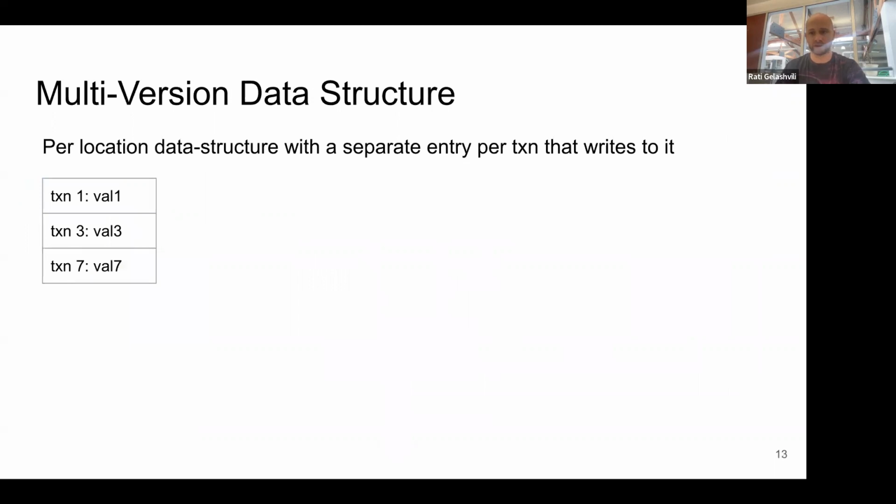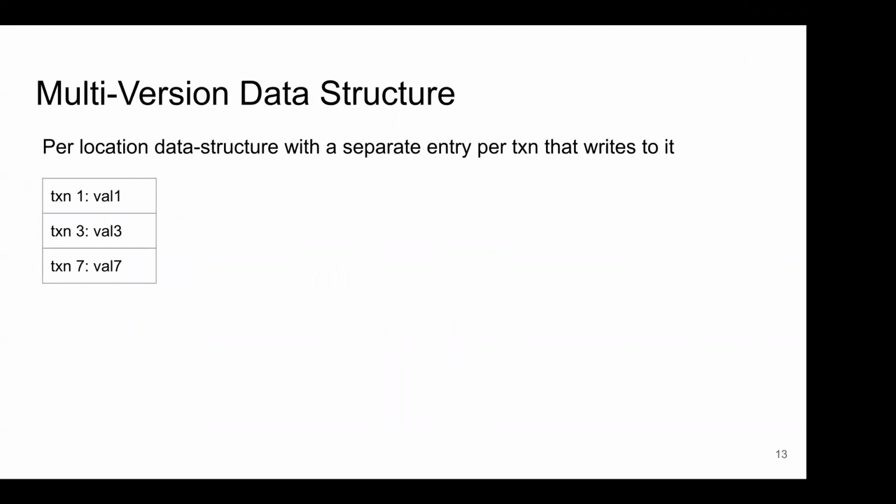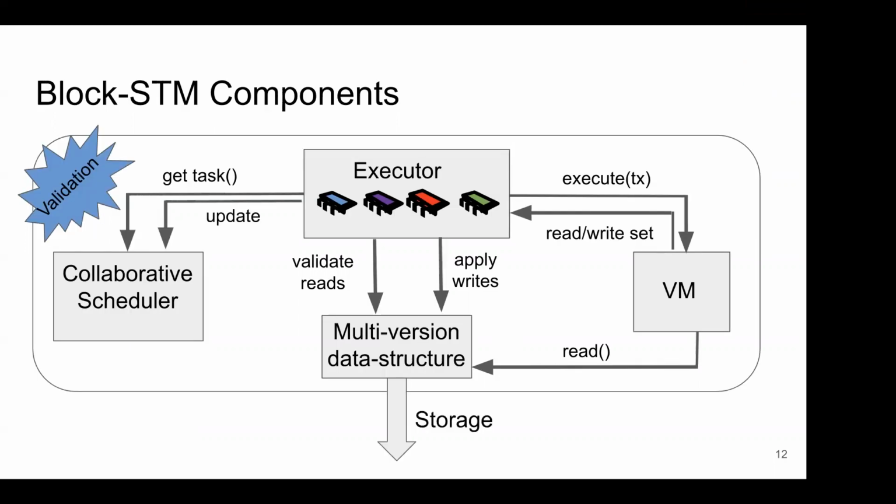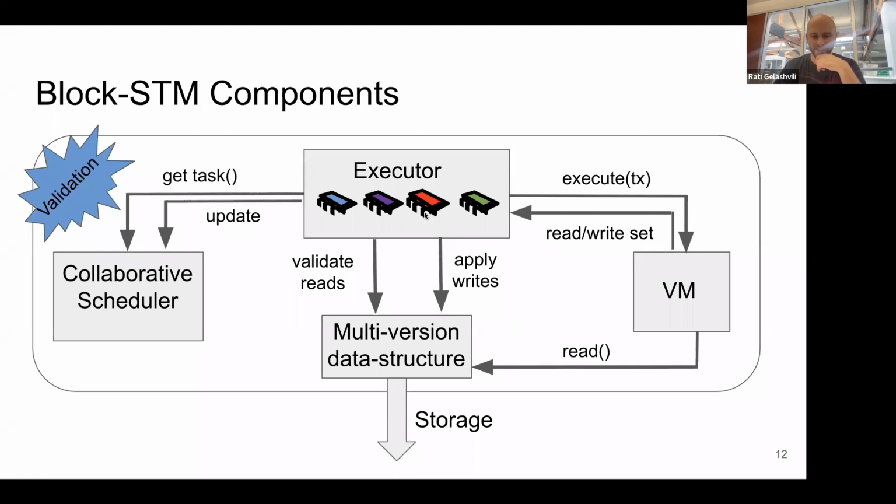Now, to explain the multi-version data structure a bit. Sorry, just a quick question. Yes. Before you go, here everything is sequential: you get a task, you go through this pipeline, then you get the next task, or do you parallelize some of this? So the executor has multiple threads, and each thread, from its own perspective, does: get a task, perform the task, update the scheduler, get the next task.